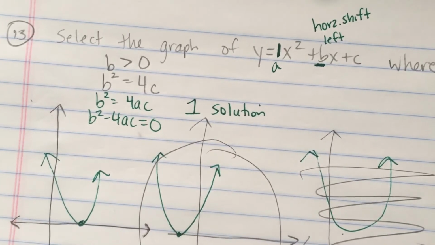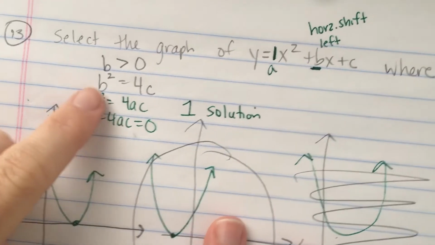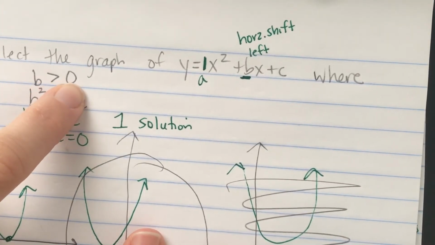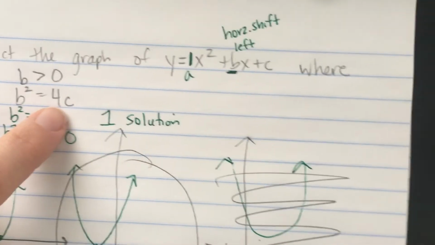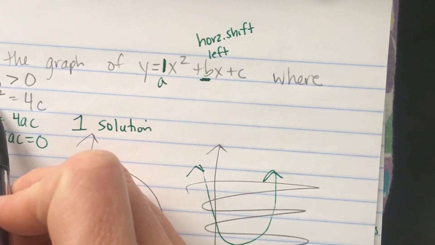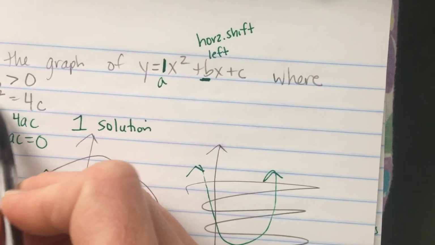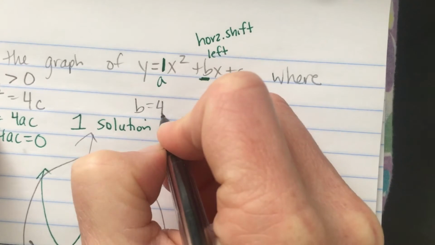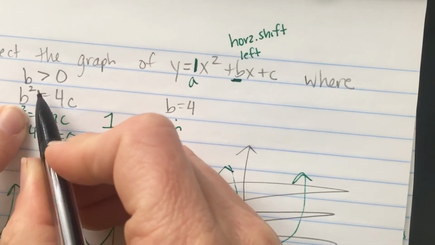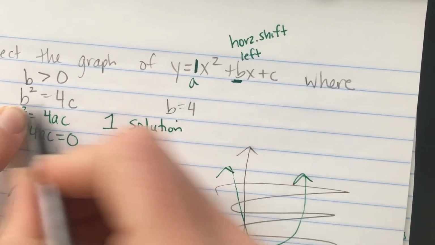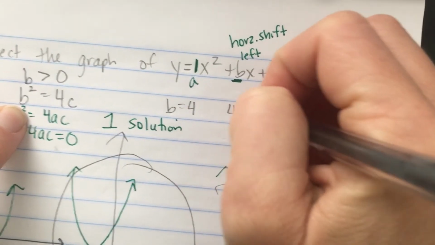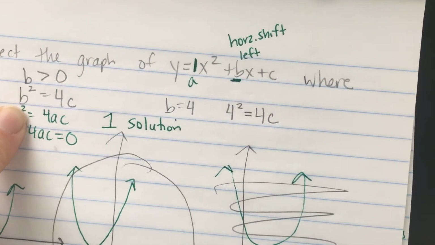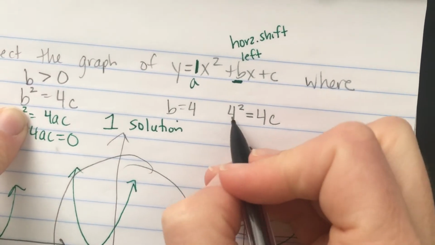Again, that's a lot of critical thinking. The easiest way would just be to plug in values. So you know b has to be greater than 0. You also know that b squared has to equal 4c. Let's say that I let b be 4. I'm just picking a number, and actually it wouldn't matter that 4 is a perfect square or even.